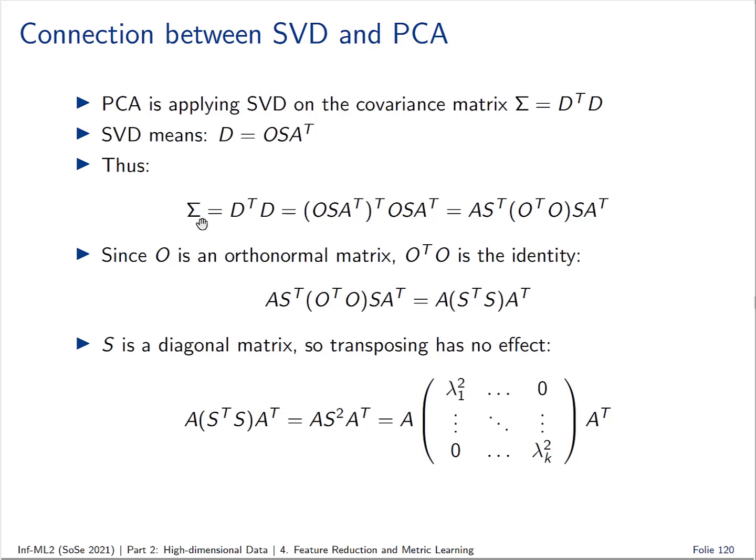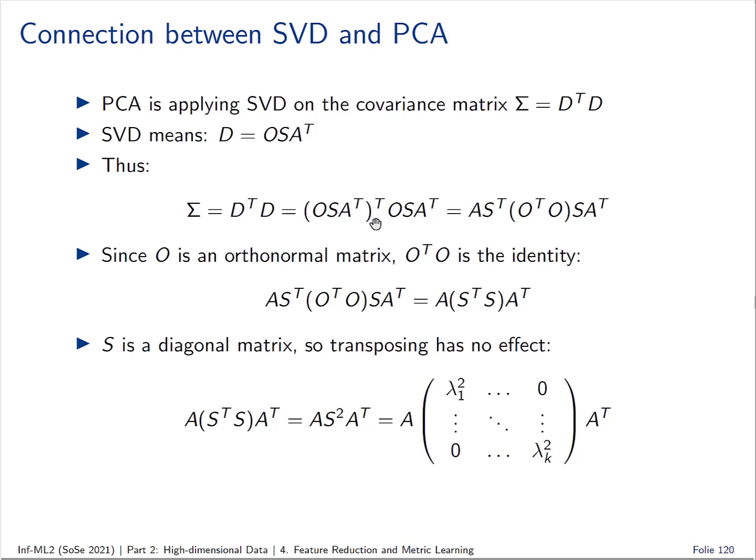So if we take the covariance matrix, which is D transpose times D, and fill in this SVD decomposition, meaning that D can be rewritten as O times S times A transposed, we just replace D by O times S times A transposed in this formula. That is how we can compute the covariance matrix.